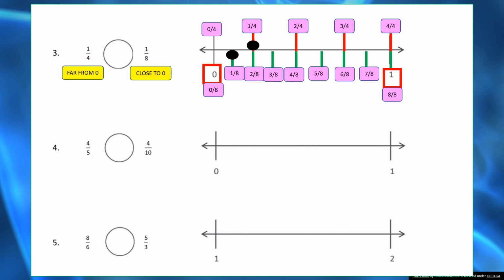Now, you can write far from 0 under 1/4 and close to 0 under 1/8 just to make sure that you're keeping it straight in your head until you get really good at doing it, because writing those little notes under those fractions helps you to remember. All right, now, if it's far from 0, it's big.